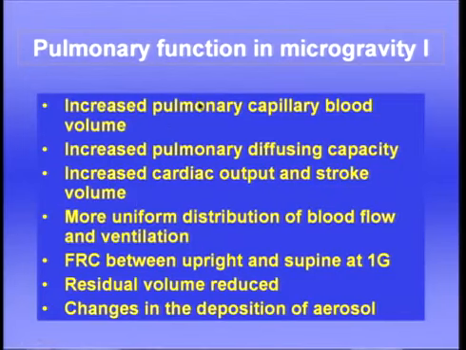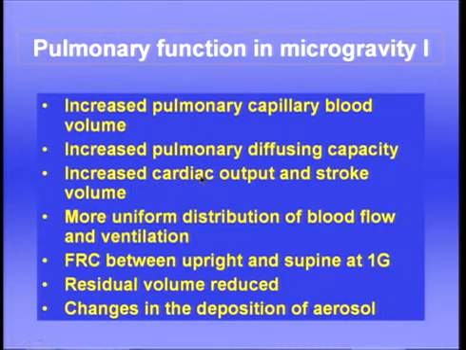There are other signs of that. If you look at astronauts on orbit, a photograph, you'll often see that they've got puffy eyes, and that's because the interstitial pressure is increased in the upper part of the body because of this return of blood from the dependent regions. So an increase in pulmonary capillary blood volume, an increased diffusing capacity, as I showed.